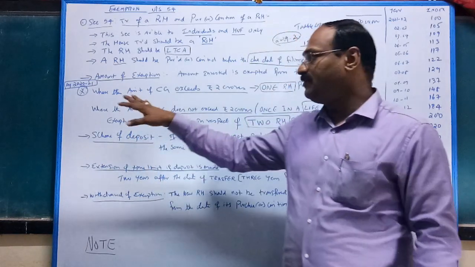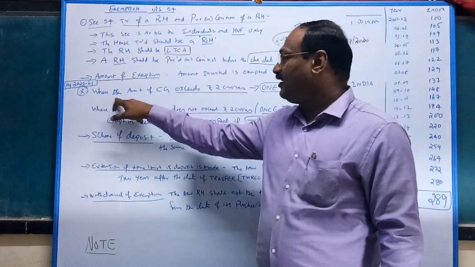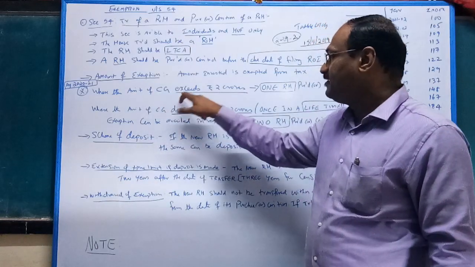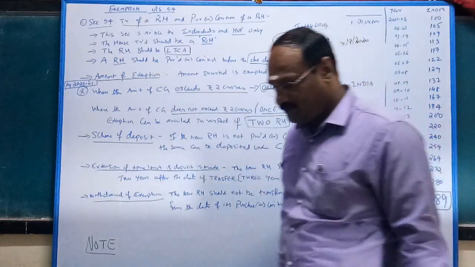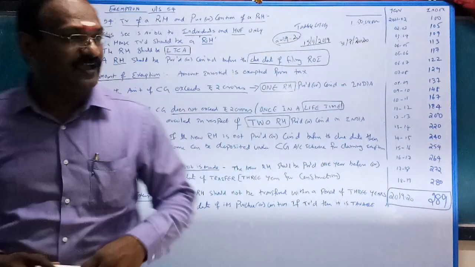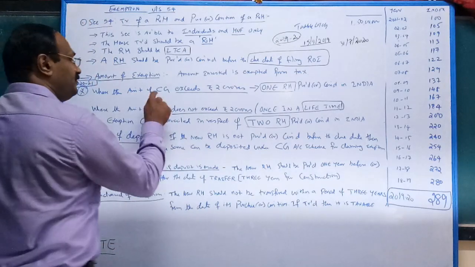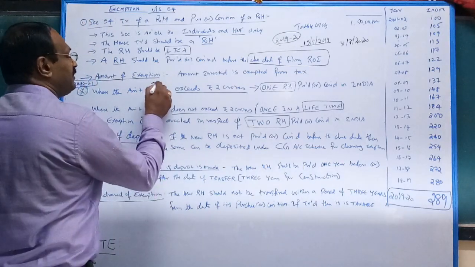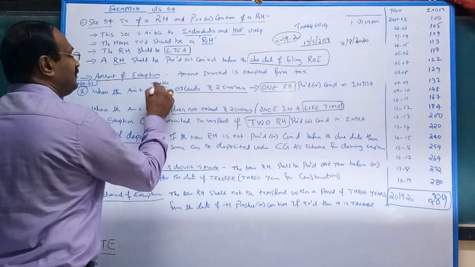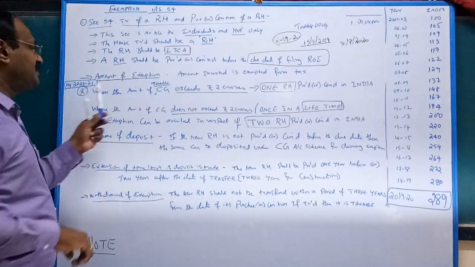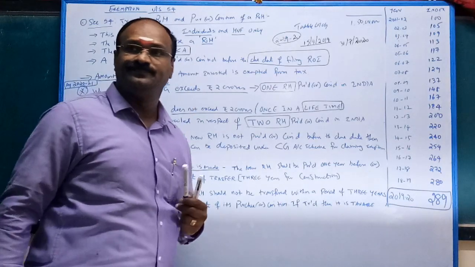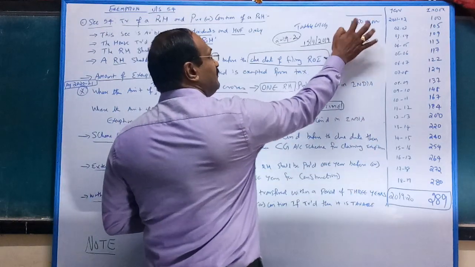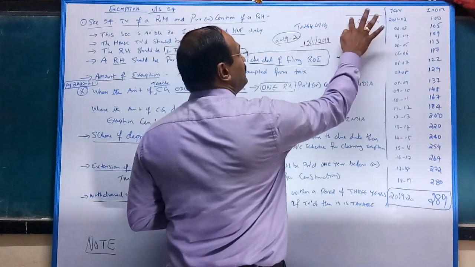Okay, this is the amendment, where the amount of capital gain exceeds 2 crores. Repeat, where the amount of capital gain, here meaning taxable capital gain, exceeds 2 crores. Listen, this is your taxable long-term capital gain.